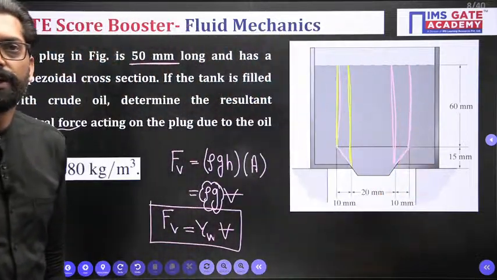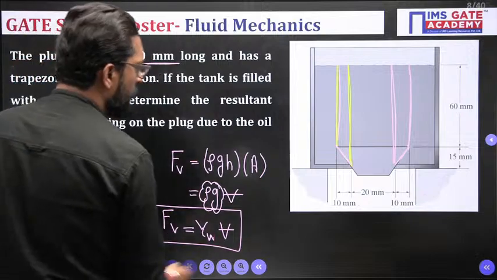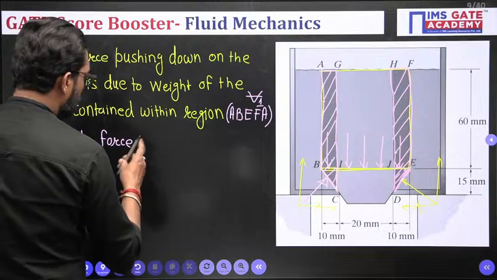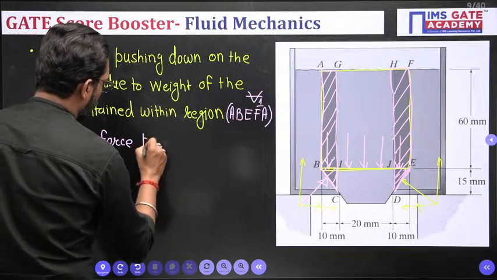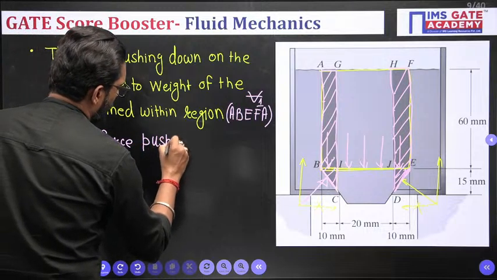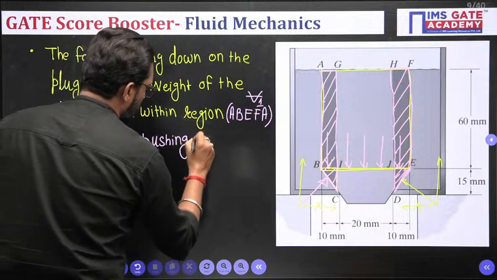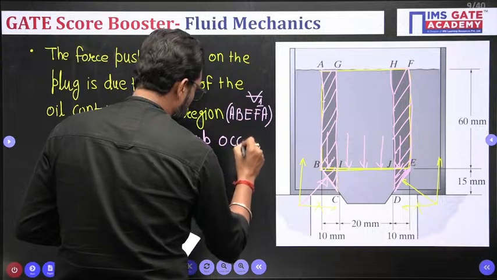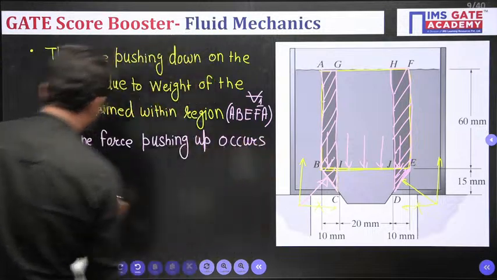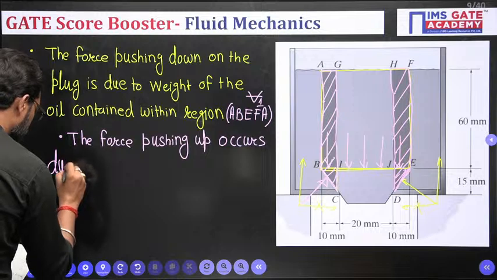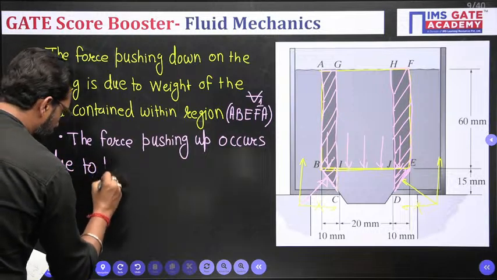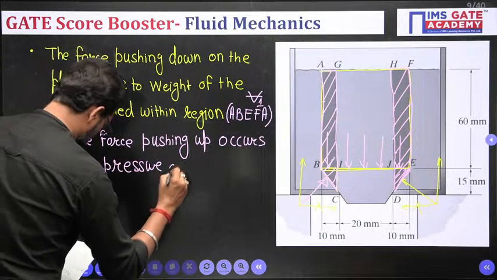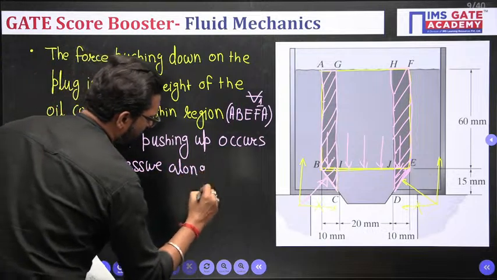So 2 into V. Okay. The force pushing up occurs due to pressure along the sides.